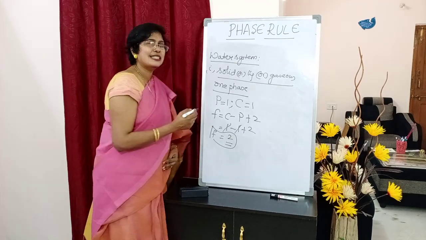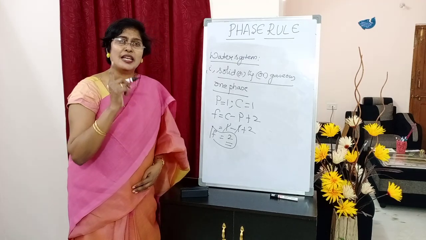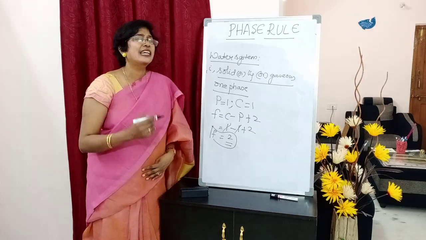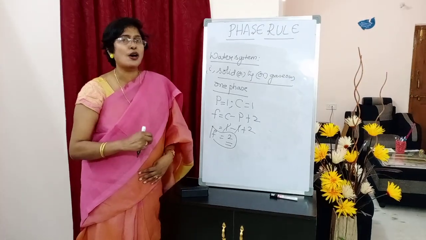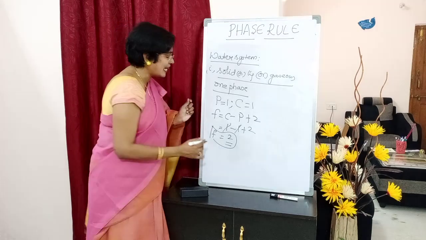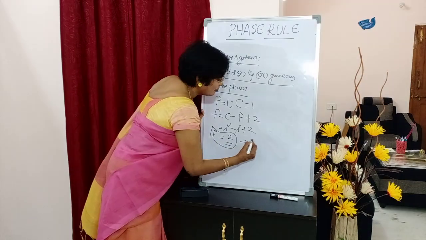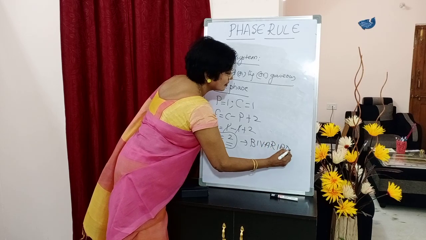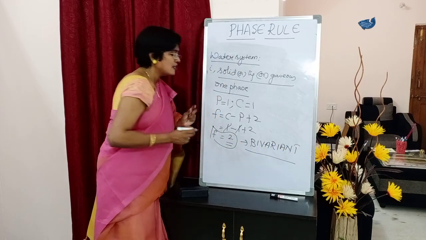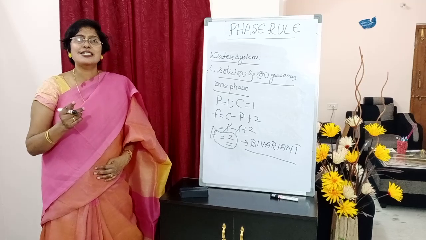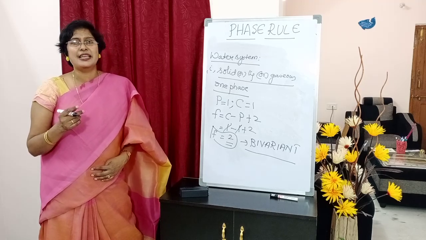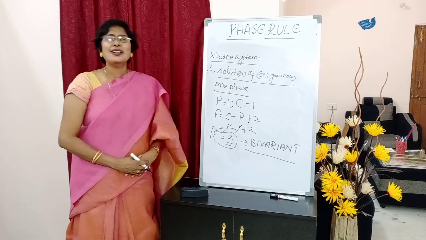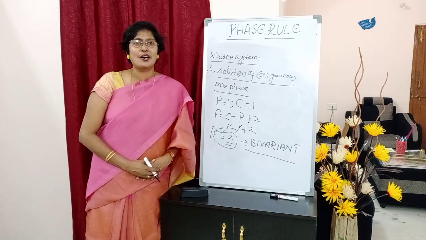So when water system is assumed to exist in only one phase, then F is equal to 2. That means it has 2 degrees of freedom. Then the system is said to be bivariant. For F is equal to 2, the system is called bivariant. That means it has 2 degrees of freedom.